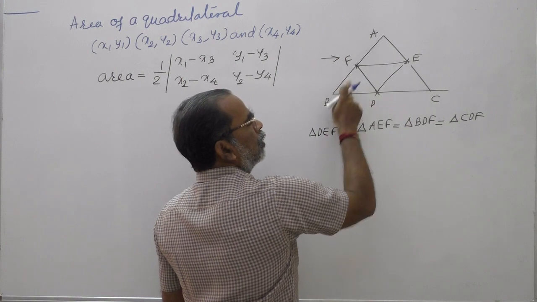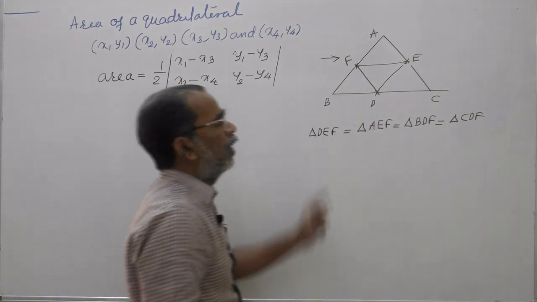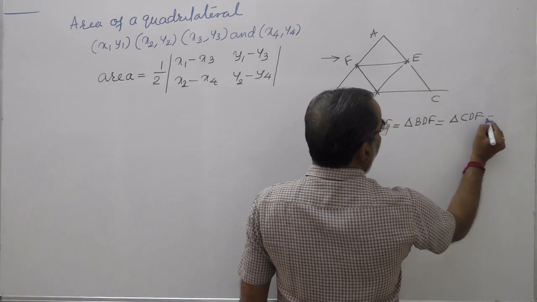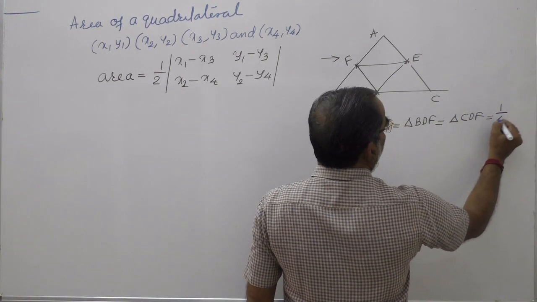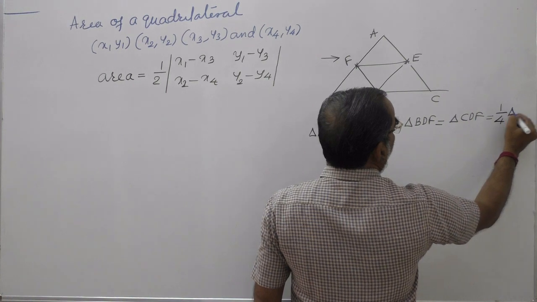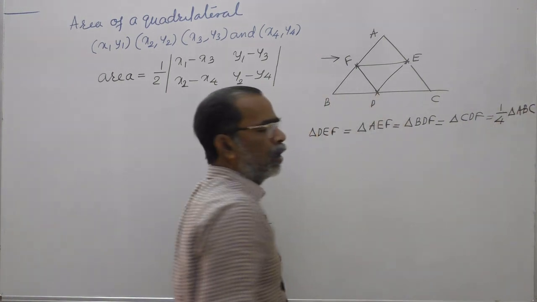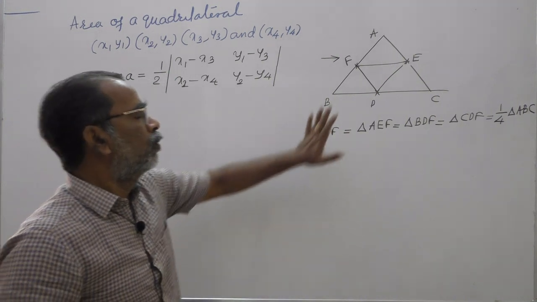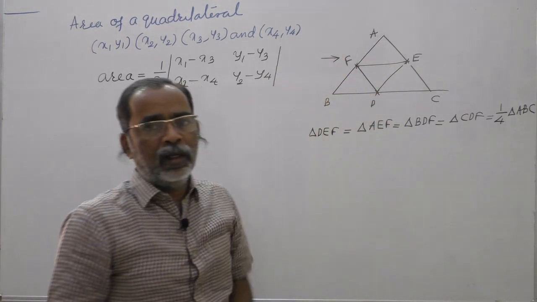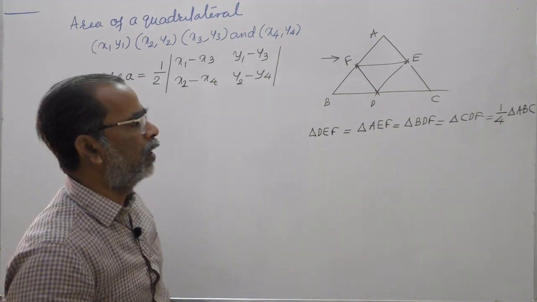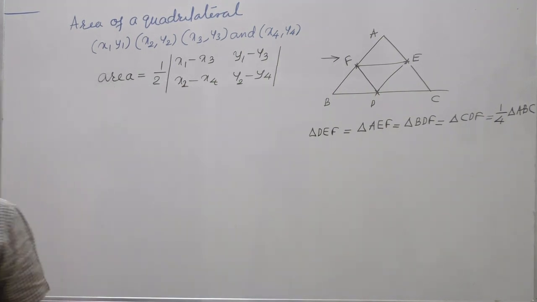These 4 are all of equal area, and each is 1/4 of the area of triangle ABC. This is also an important concept. Midpoints will be dividing the triangle into 4 triangles of equal area.